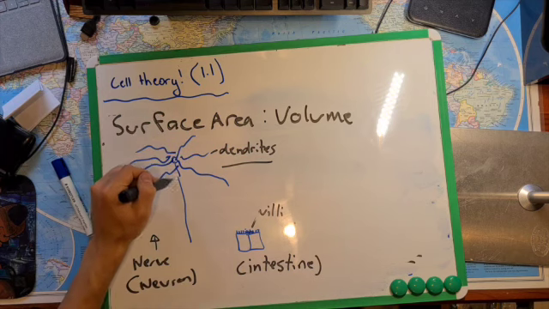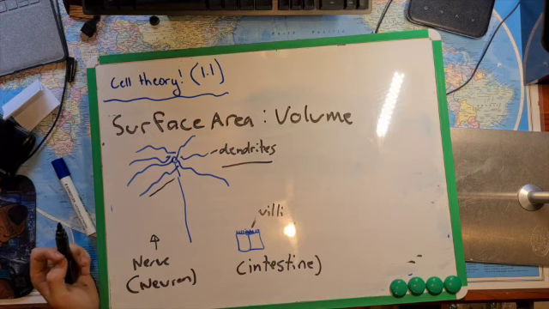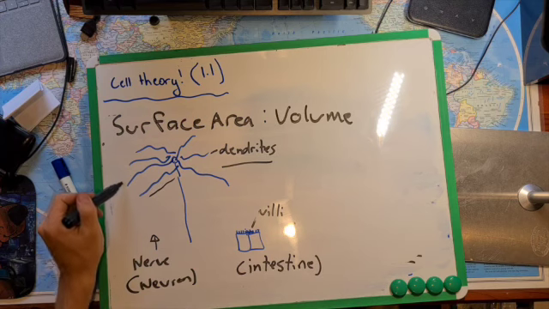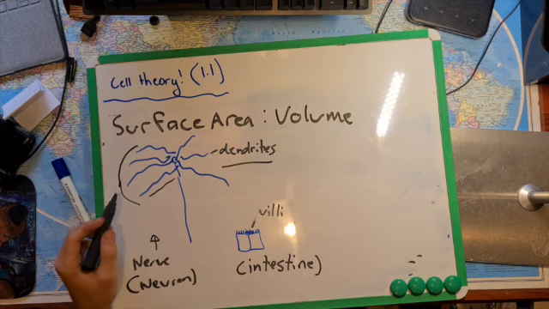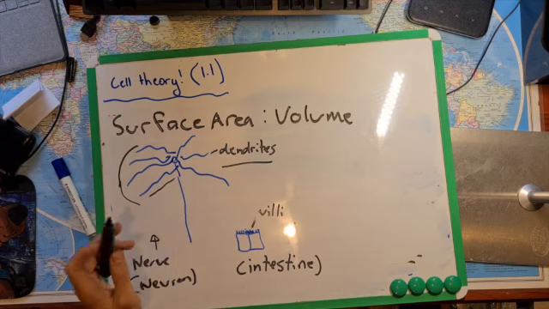Ultimately, these long and thin dendrites allow nerves to quickly pass information along to other nerves, with this structure allowing it to be done efficiently due to its very, very large surface area in comparison to such a small volume.